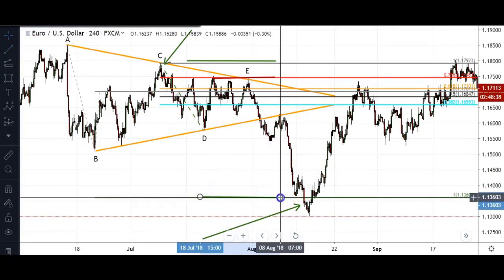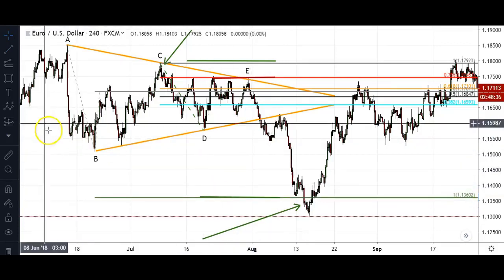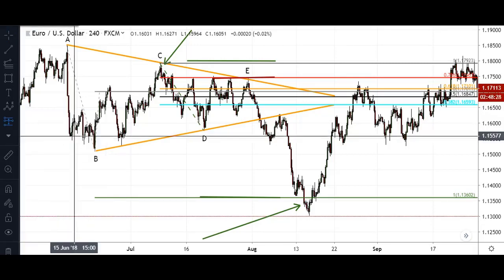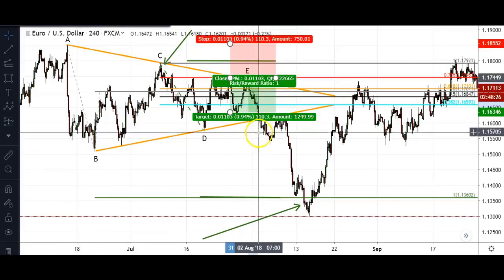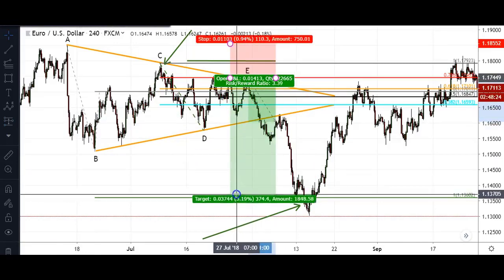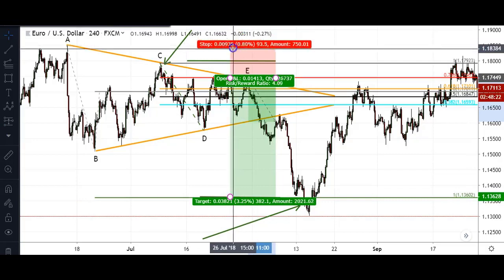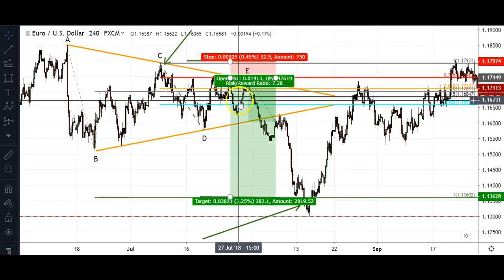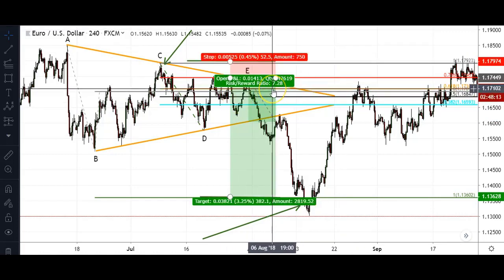And you'll see that this actually delivered a very good risk to reward ratio of 7.28 versus the risk that I took on in that trade.